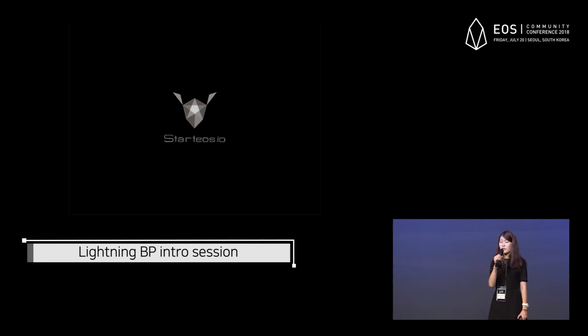And also in April, our wallet dApp, also called StartEOS, was released. It's simple, it's convenient, and it's user-friendly. You could find it from our official website and maybe share with us your feedback if you like.